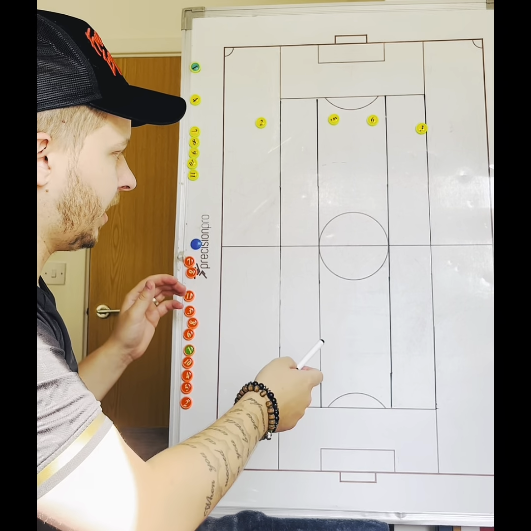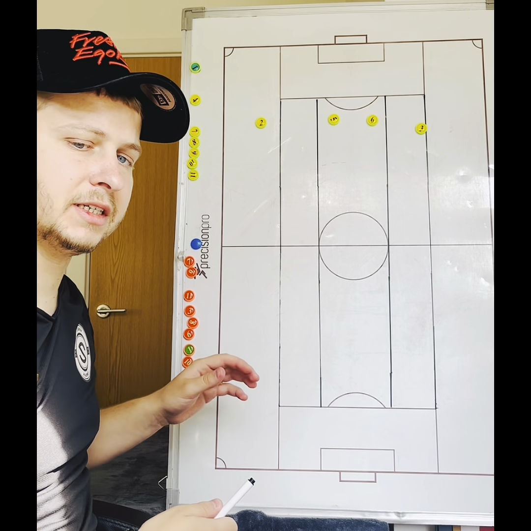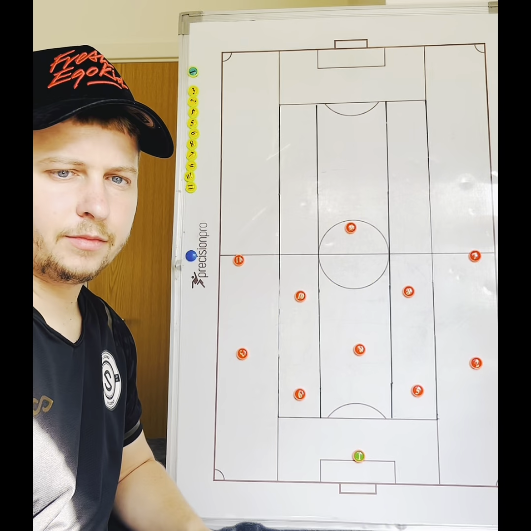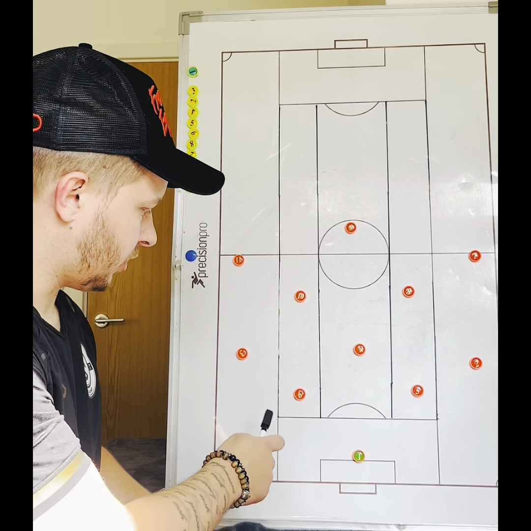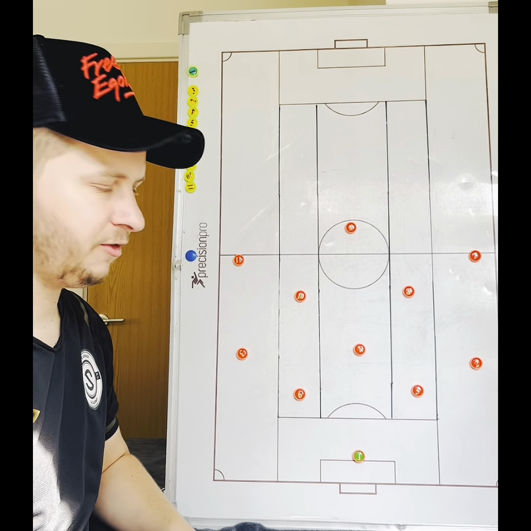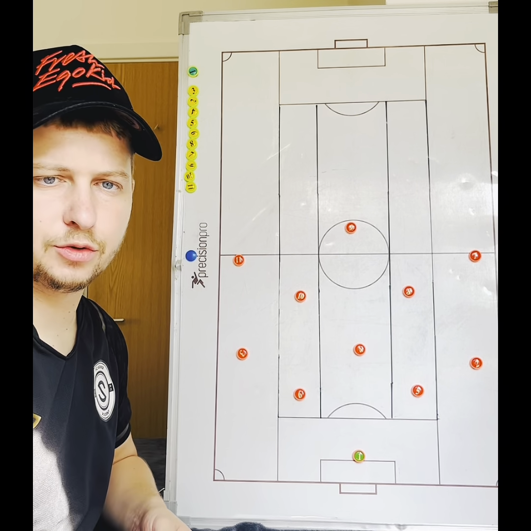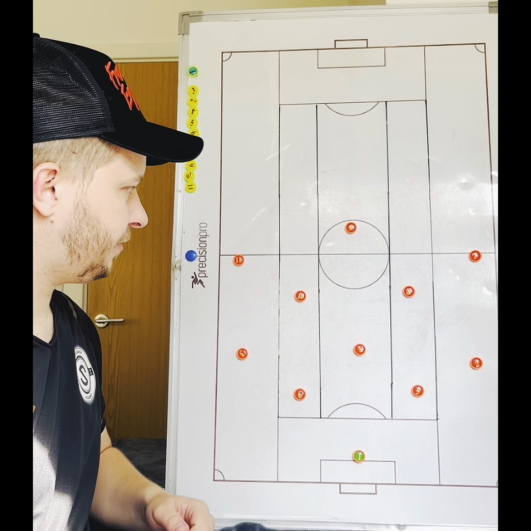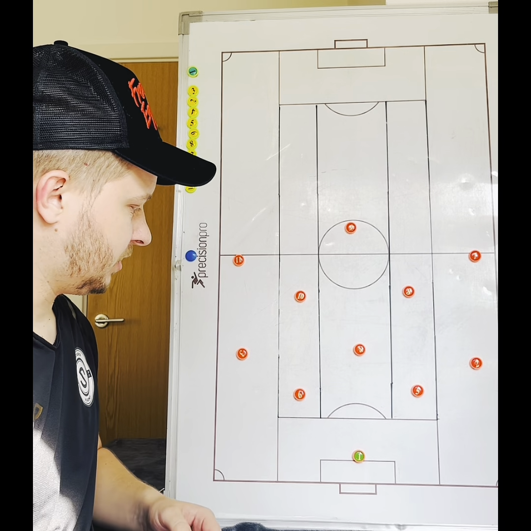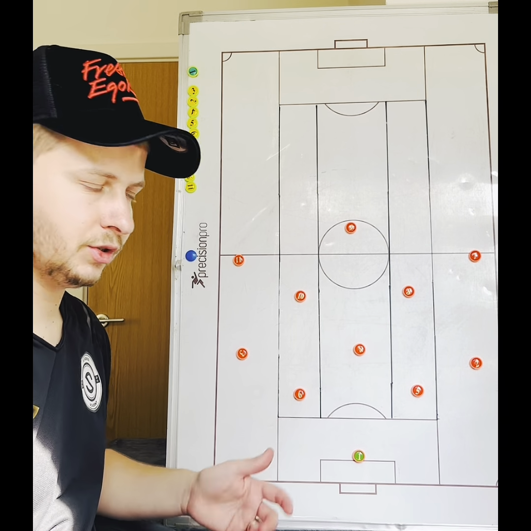Now let's have a look at how Guardiola set up his team using the shape. Okay, so here's the setup. As you can see, a traditional 4-1-4-1, 4-3-3, however you want to word it. With the Bayern Munich team in Pep's time there, they played so many different players in different positions.